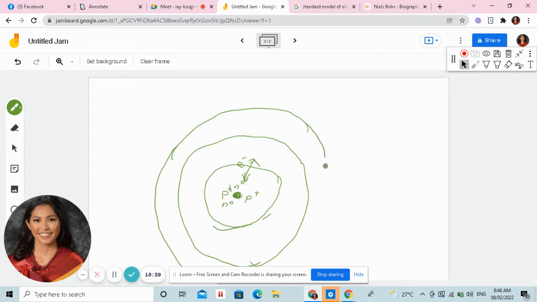Meaning each energy level, energy level 1, energy level 2, energy level 3, has discrete or fixed energy. That's why if we have an electron here and it wants to go down, the energy must be emitted, or if from first level to second level, energy must be absorbed. Okay. So he has that confusion.